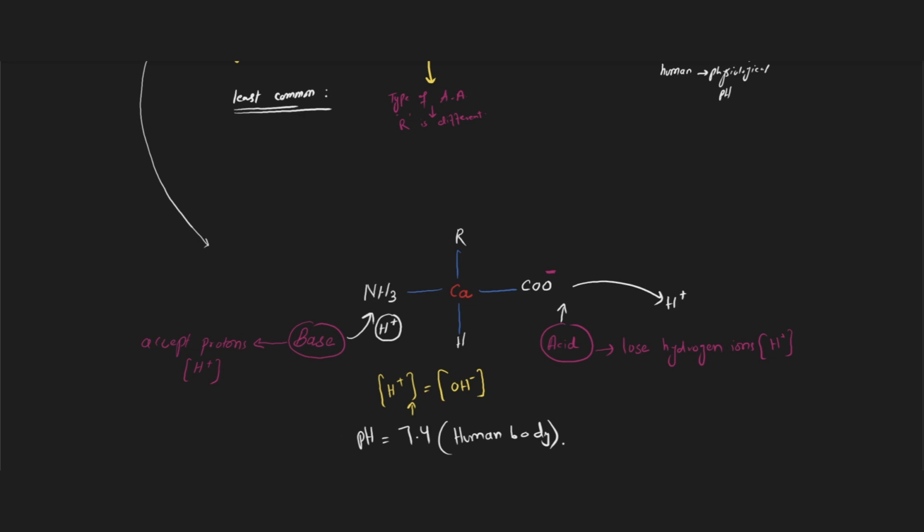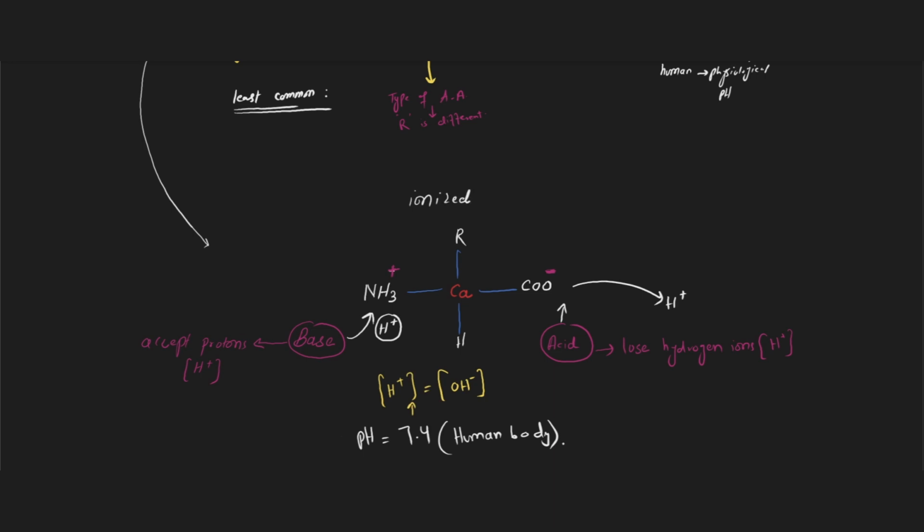As one extra proton has been added to its structure, it will have one extra positive charge on its molecular ion. So this is the state at which the amino acid is no longer in the unionized form. Now the amino acid has become ionized.